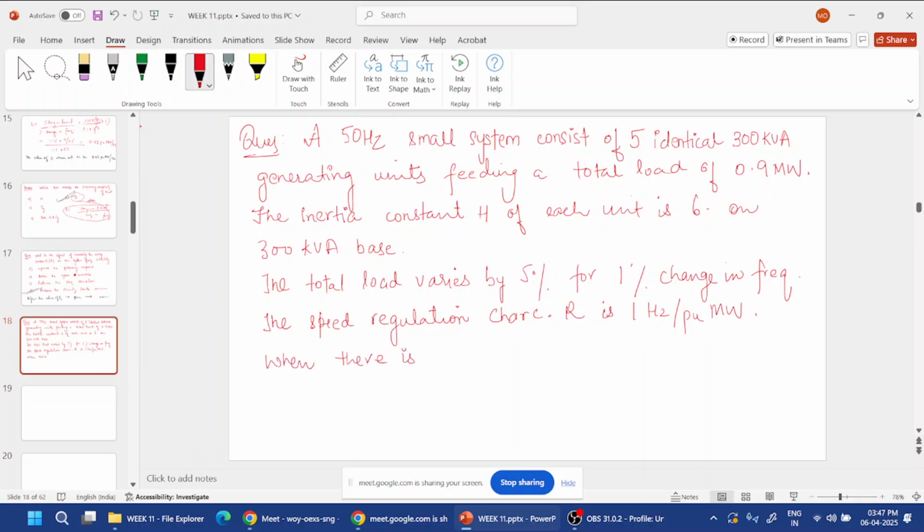When there is a sudden increase in load of 100 kilowatt, find the steady state frequency. We have to assume the governor loop is inactive.